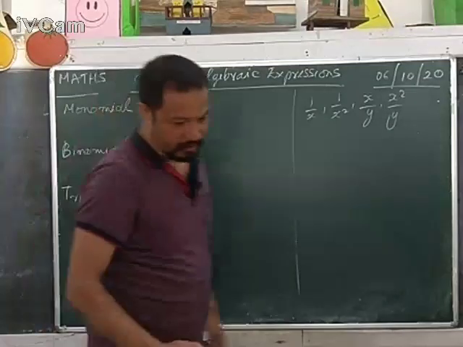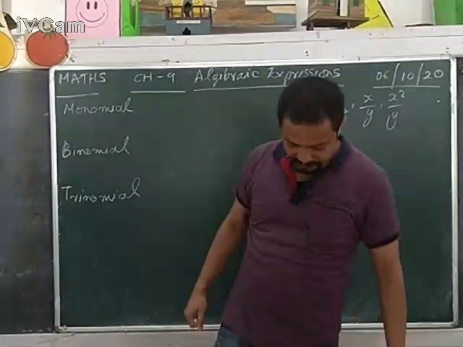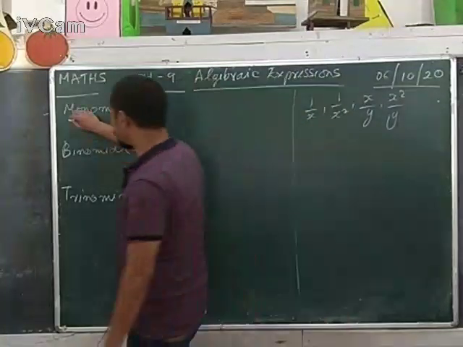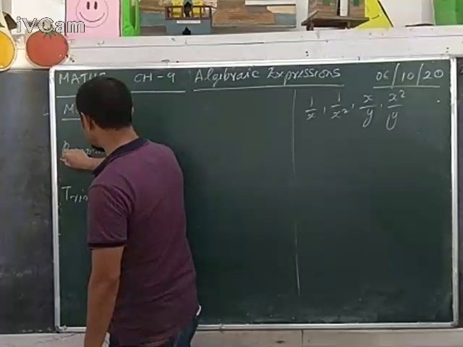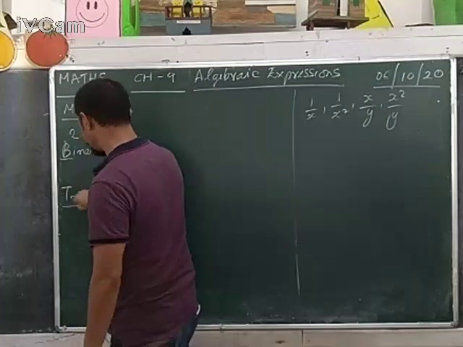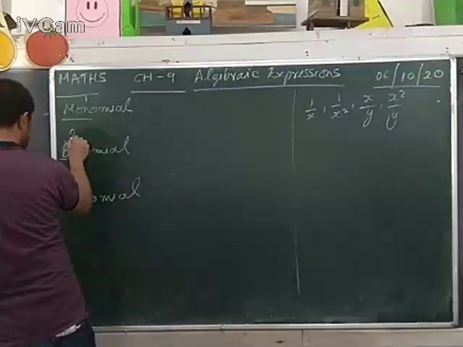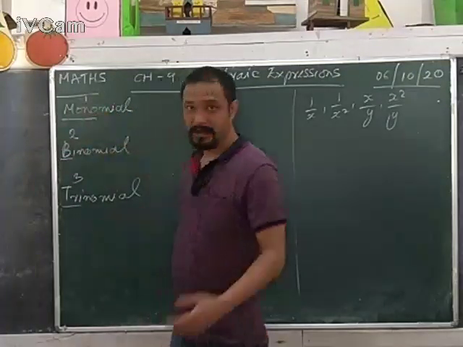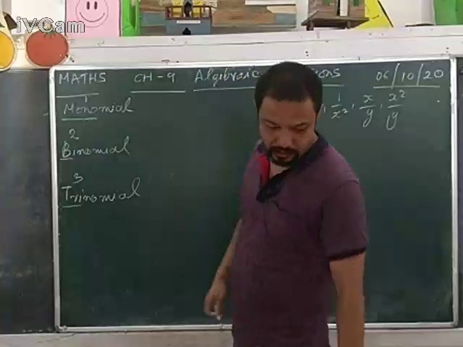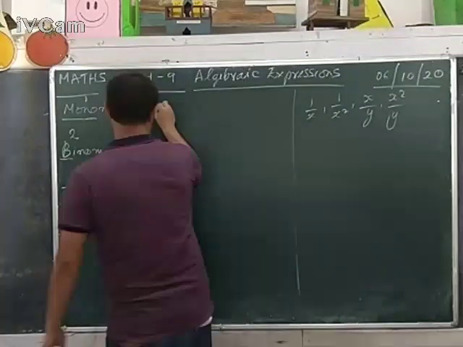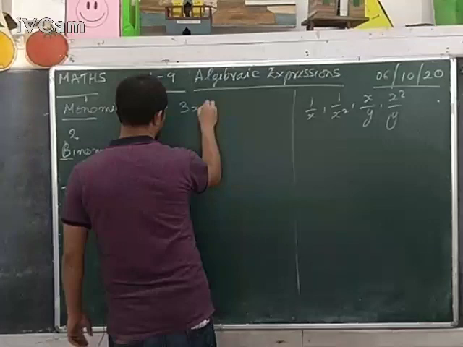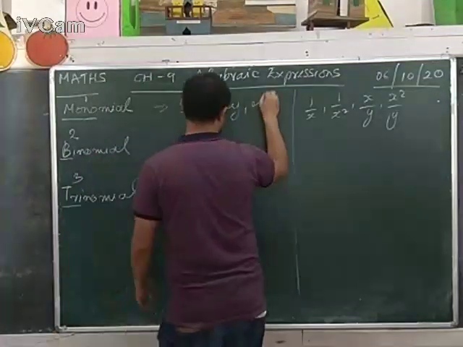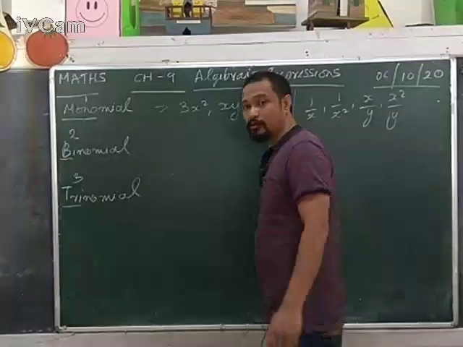Now, a single expression, a simple algebraic expression, is called a monomial. Mono, that's one. Bi, two. Tri, three. If there's only one expression, it's called a monomial. For example, bx squared, xy, etc. Just one expression is called a monomial.